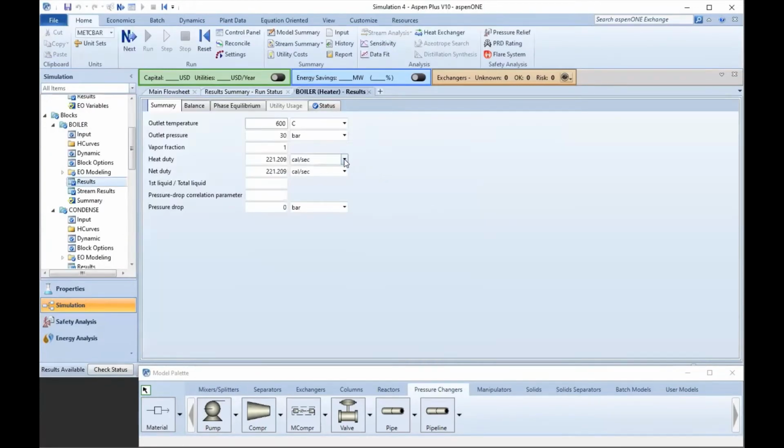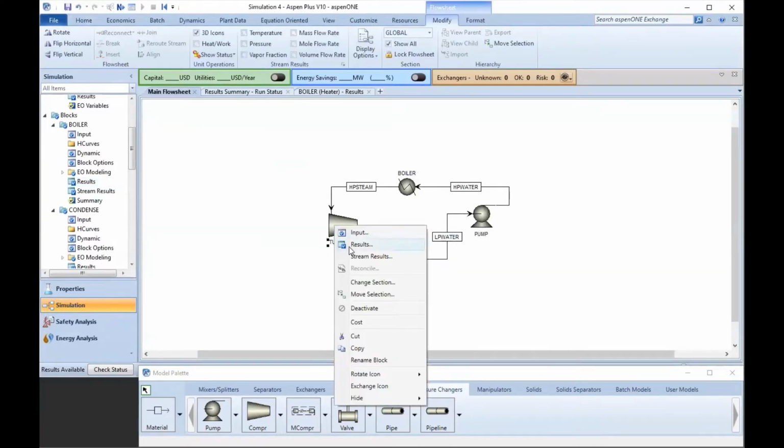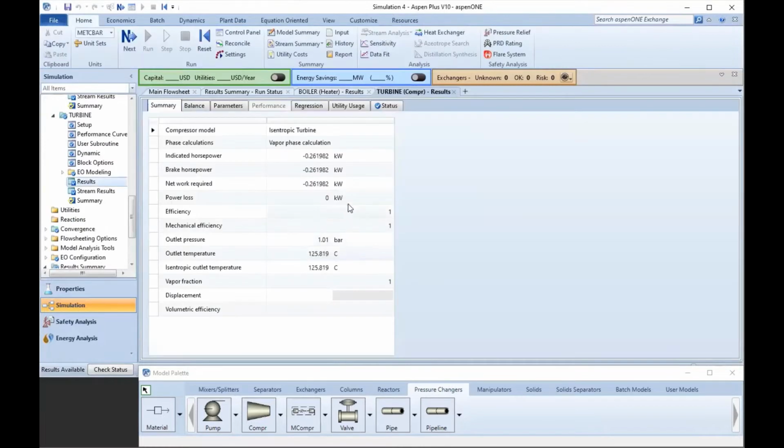We'll have to change the units to kilojoules per hour, and we can see the value there. And we can also go and look at the work produced by the turbine, which is given in kilowatts. And these values were very similar to the hand-calculated values, which indicates that the simulation is fairly accurate.